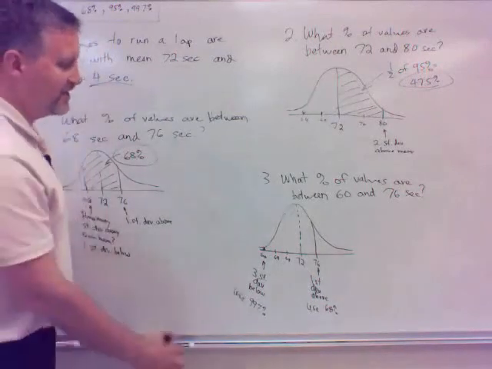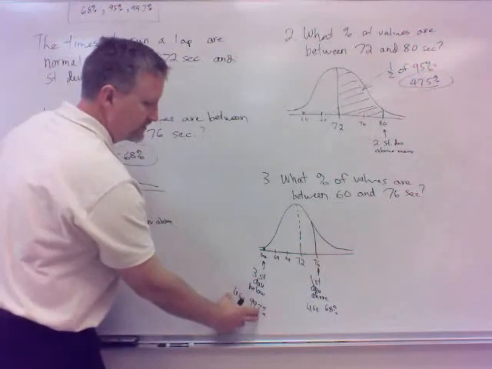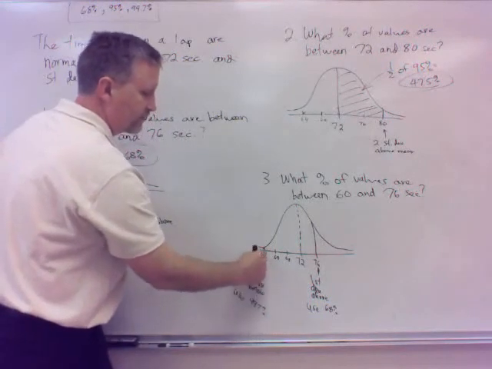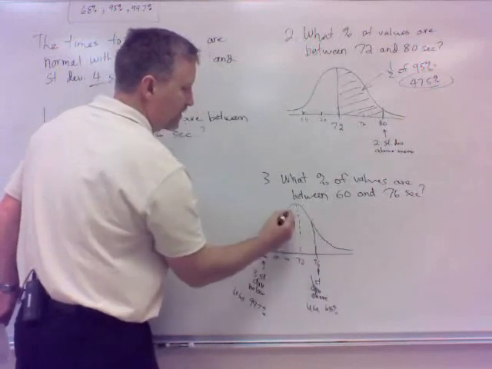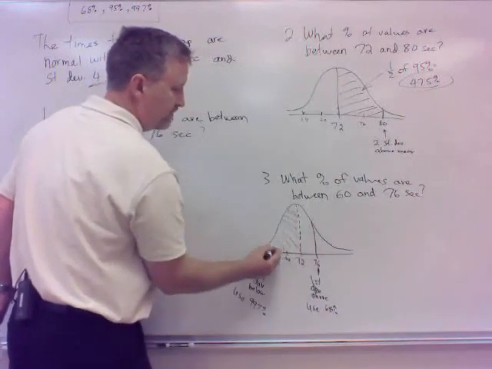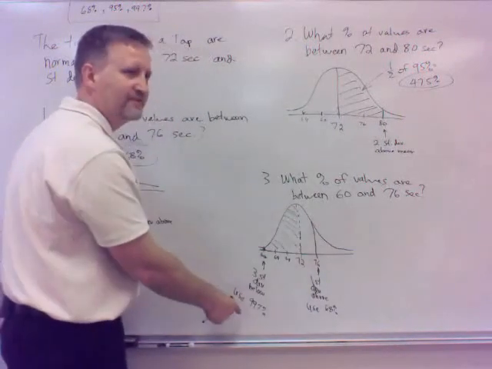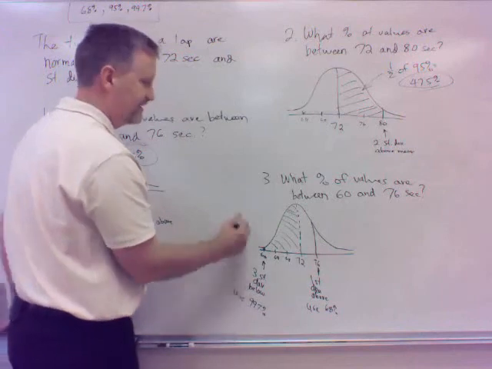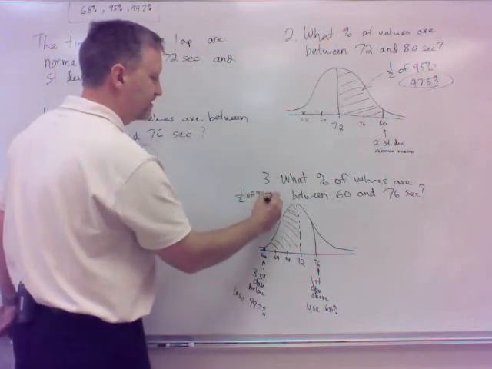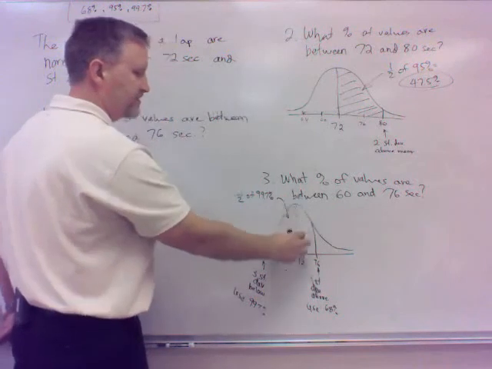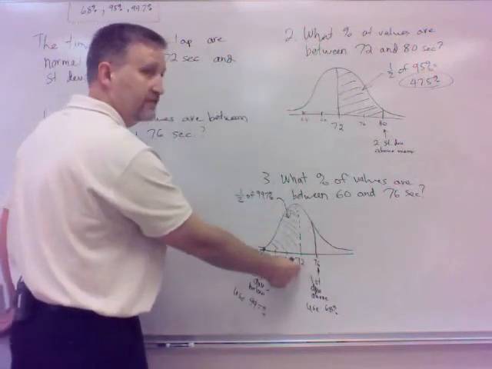Do you see here the 99.7% goes from 3 below to 3 above? I only want this much of it, so what do I have to do to the 99.7? Take half of it. Half of the 99.7% is that piece from 60 to 72, isn't it?